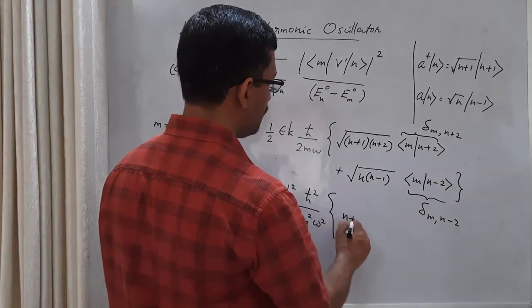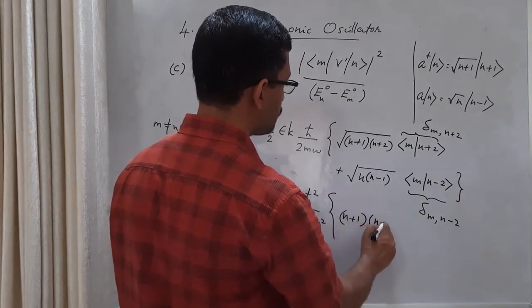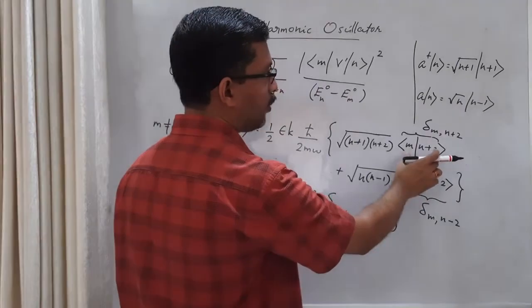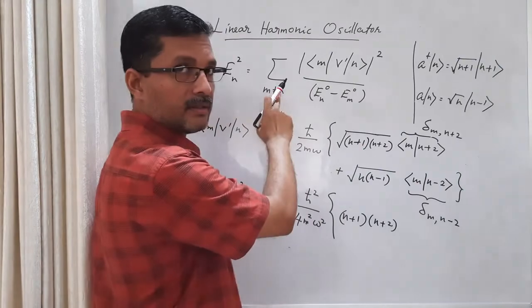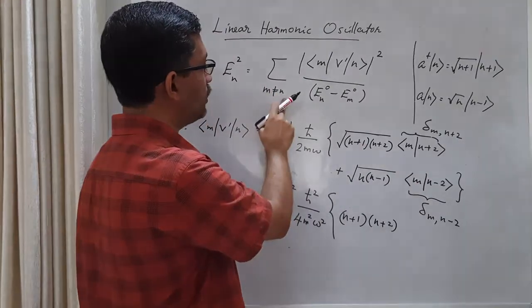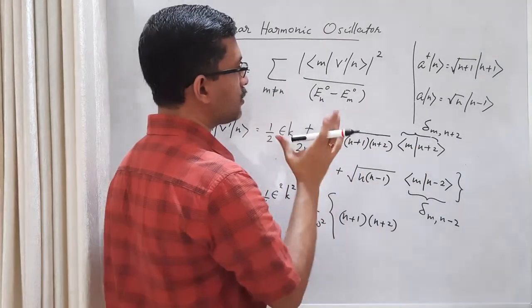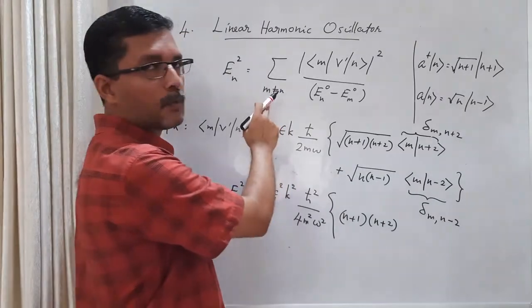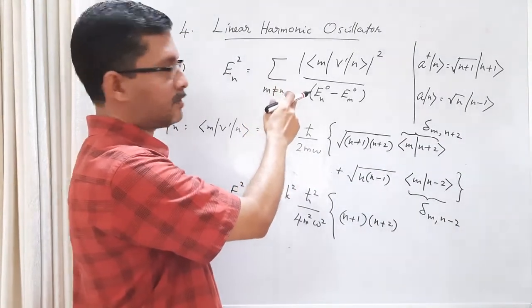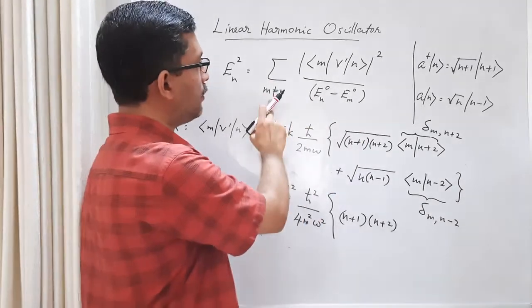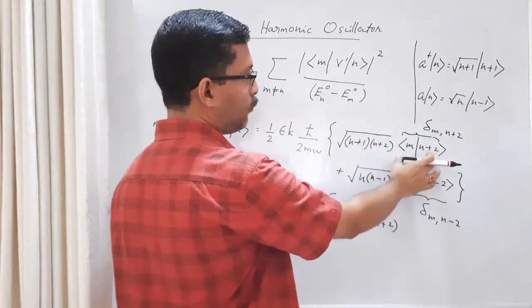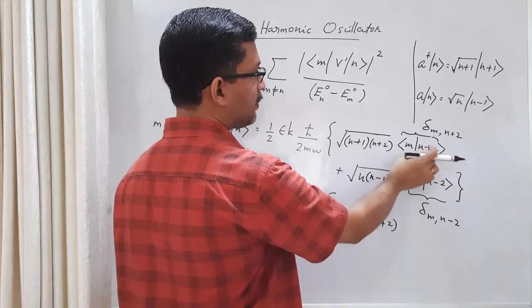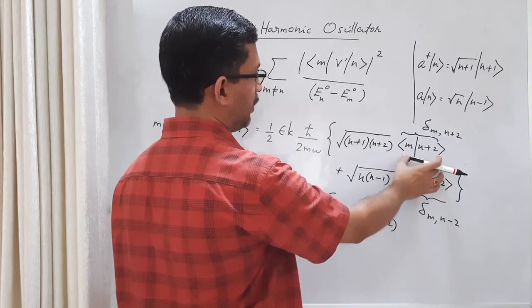So n plus 1 into n plus 2 into delta m comma n plus 2, and there is a summation here. The summation involves m not equal to n. So this term will be non-zero only if m is equal to n plus 2, and in this summation it is possible that m is equal to n plus 2. So when m becomes equal to n plus 2, that term will be 1, right? When m is equal to n plus 2, you have bra vector n plus 2, ket vector n plus 2, and that term will be 1.